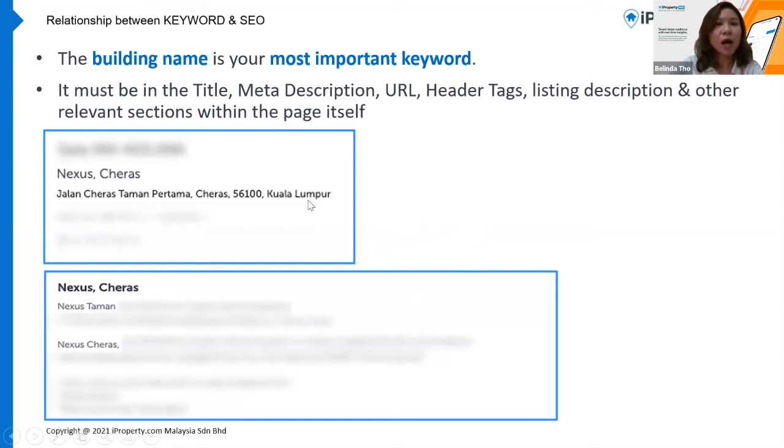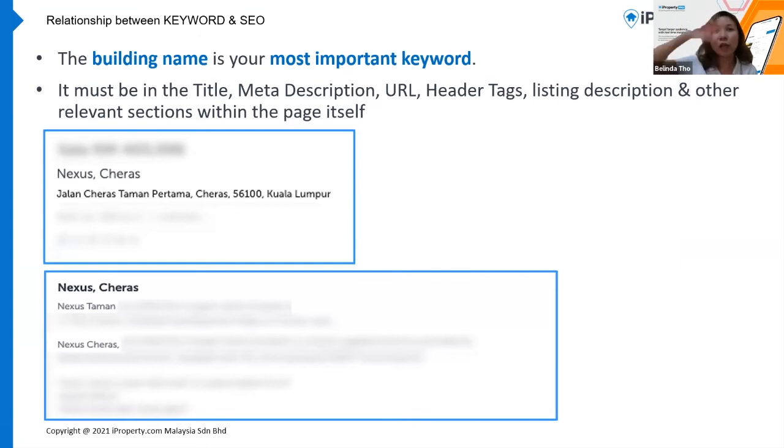Okay. So, what is SEO? SEO is search engine optimization. Thank you, Kok Leong here. Thank you. So, when you have the advantage of SEO, meaning if certain people don't directly jump into the iProperty website to search for their dream home, they may go to Google and search property at Cheras.